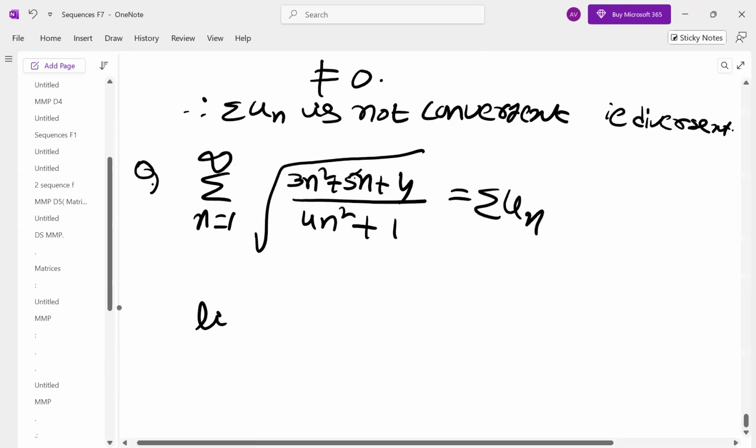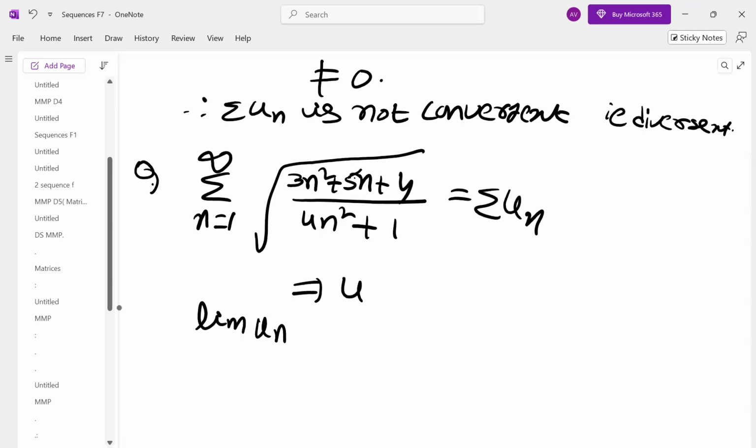So limit un. What is un? un is root of 3n square plus 5n plus 4 by 4n square plus 1. So what is limit un?